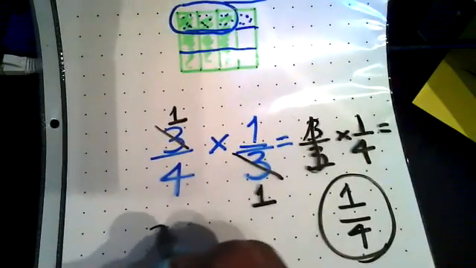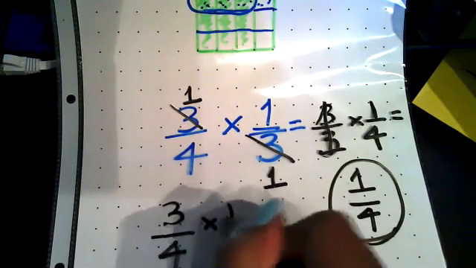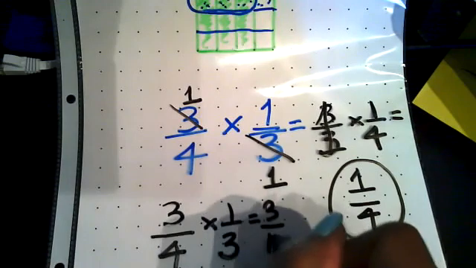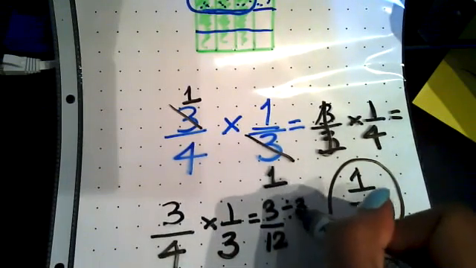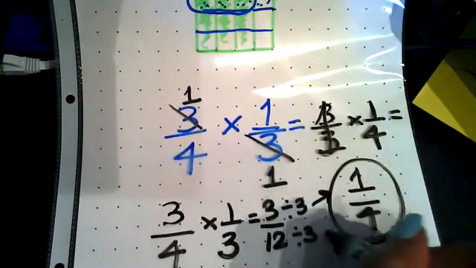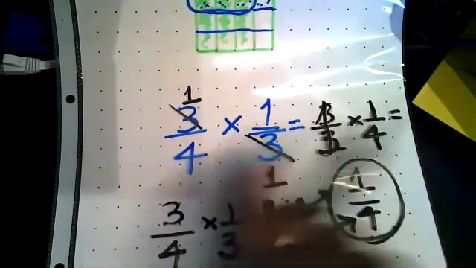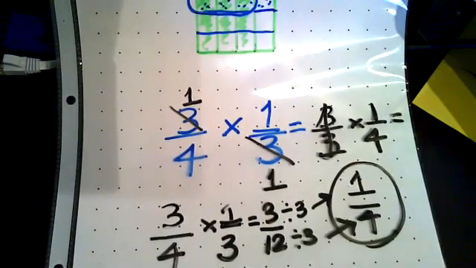Or you can give them 3/4 times 1/3, which would get us 3/12. And then, of course, if you want them to simplify, they would divide each one of these by 3. And this is still what they would get. But they need to understand what this means instead of it being just a process that you take, right?